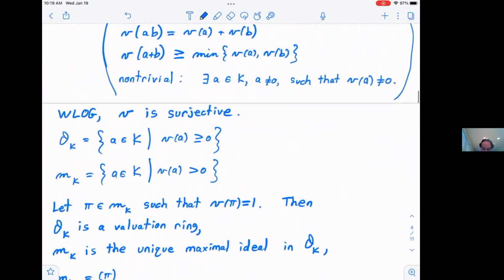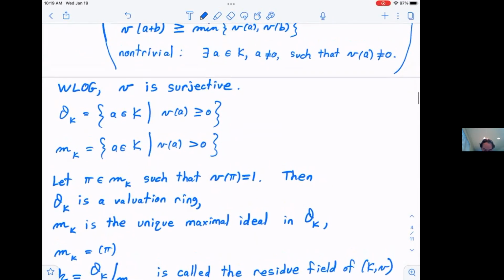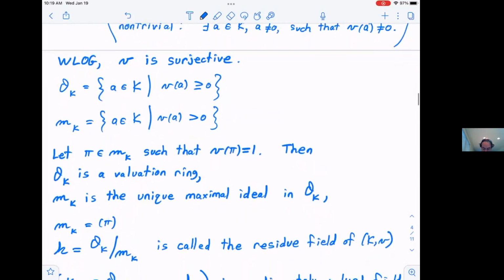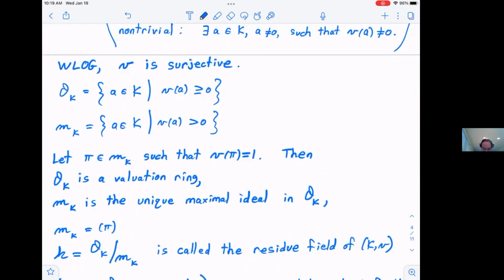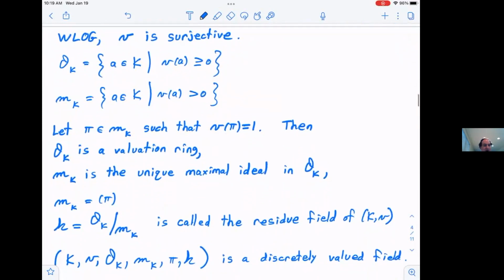M sub K is the unique maximal ideal in O sub K. It's a principal ideal generated by pi. And the quotient ring, O sub K mod M sub K, we're denoting by lowercase k. And that's called the residue field of this field with respect to the valuation V. And all of this information is summed up here, the 6 pieces of information: the field K, valuation V, ring of integers, maximal ideal, the generator, and the residue field.